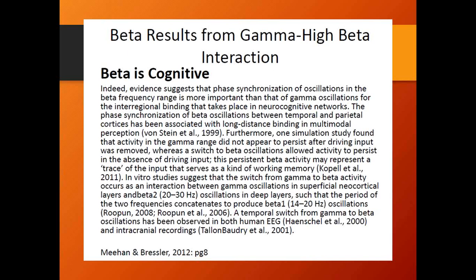So the switch from gamma to beta is important because it tells us that the beta frequencies are the frequencies of cognitive processing. And when you worry, so now we talk about psychology, you're going to produce more gamma, but you're going to produce a lot more beta. Your beta is going to be ongoing.